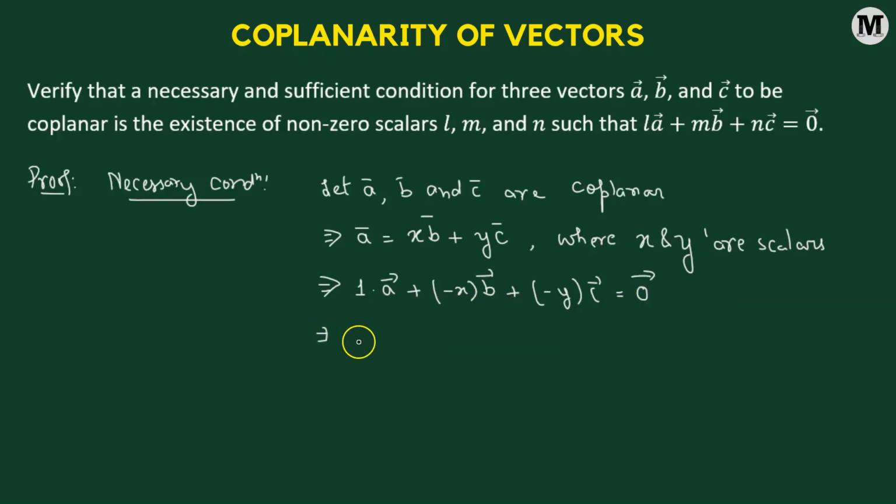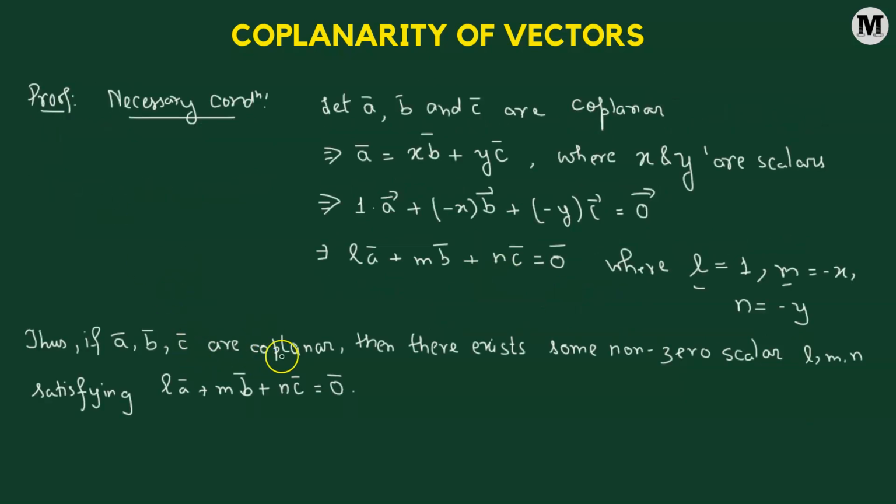Now this is actually similar to L a vector plus M b vector plus N c vector equals 0 vector provided we choose L, M, N such that L equals 1, M equals negative x, and N equals negative y. Now these are all non-zero scalars. Thus, if A, B, and C are coplanar, then there exist some non-zero scalars L, M, and N satisfying L a vector plus M b vector plus N c vector equals the null vector.